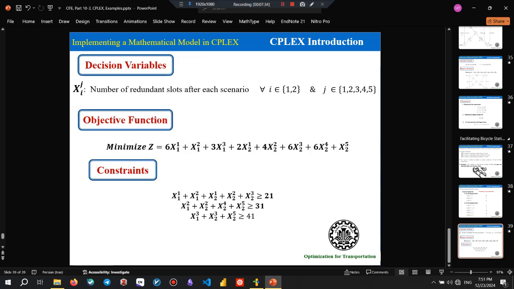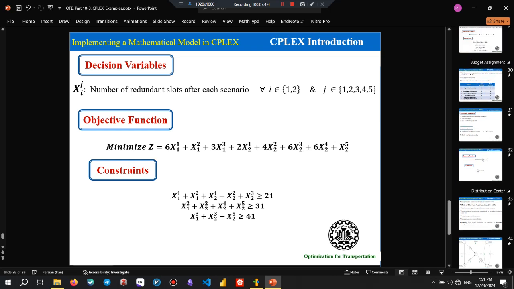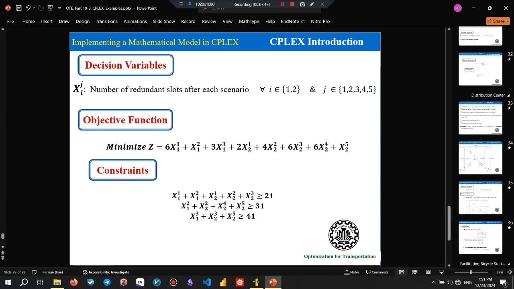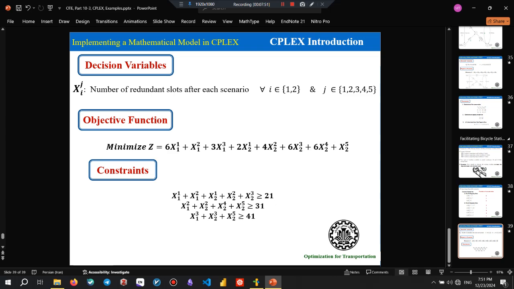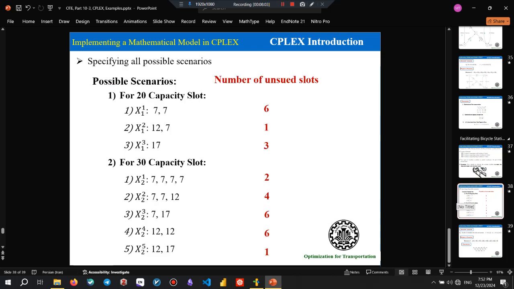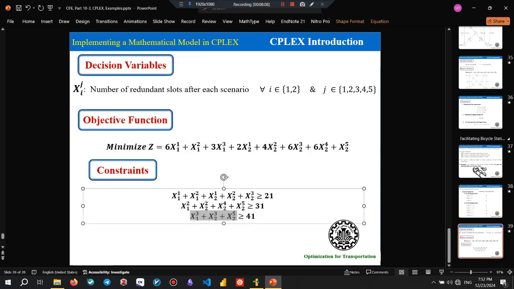And after that, you have constraints for your demand, right? And how did we manage to extract them? It's really similar to the paper question. For the last one, what is the last one? You have x13, x23, and x25. What is the mutual thing between these three decision variables?